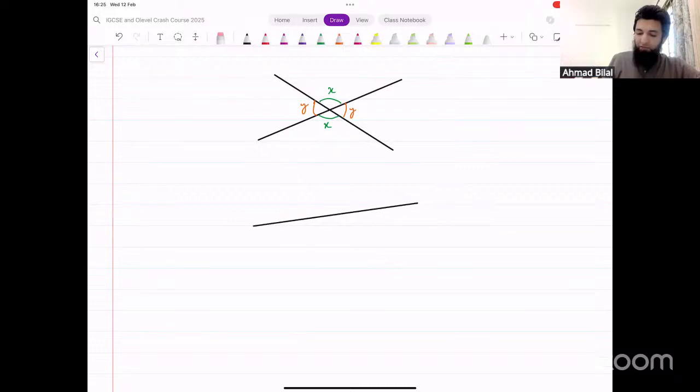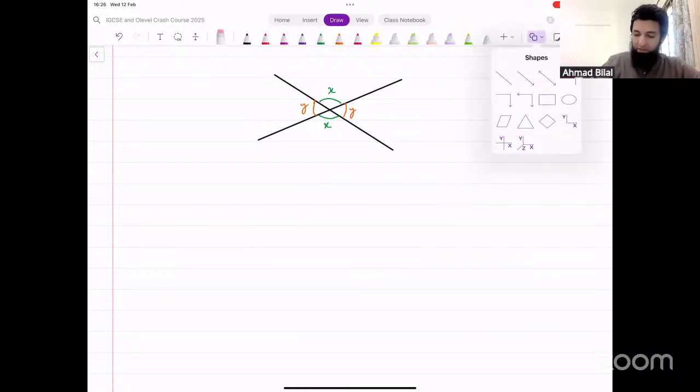Then in case of parallel lines, let's say you have one line like this and another line, or let me actually make them slanted to make it more general.